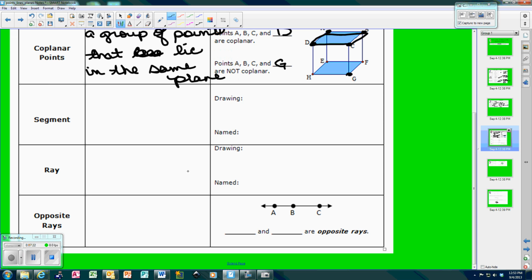A segment has 2 endpoints and is part of a line.